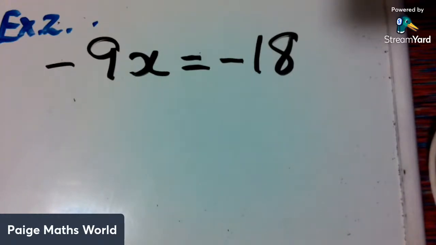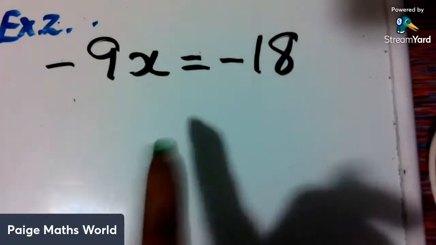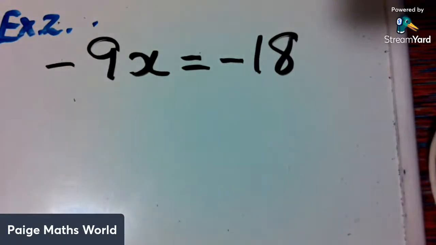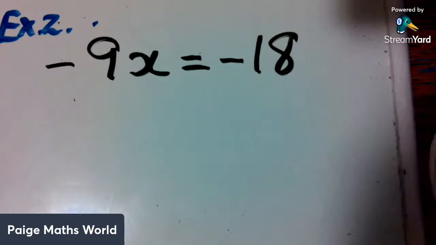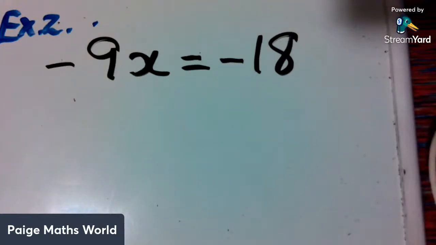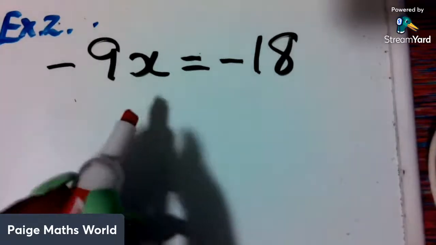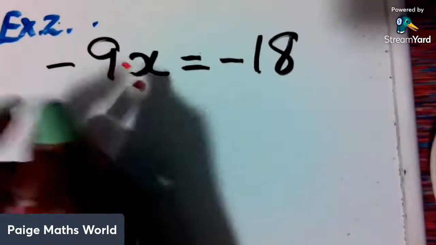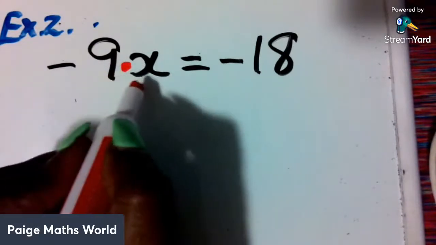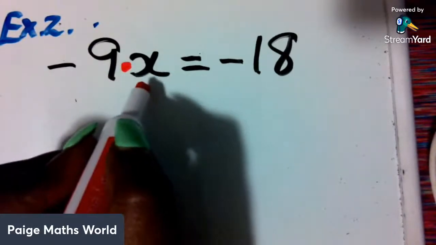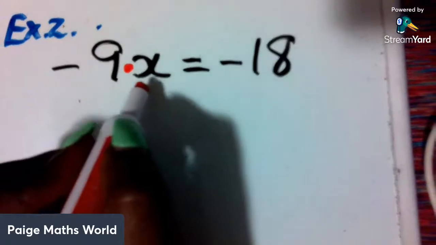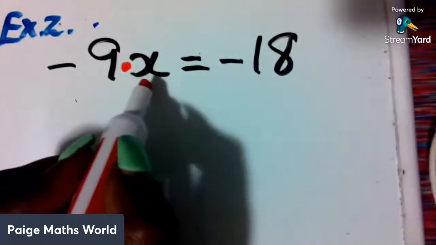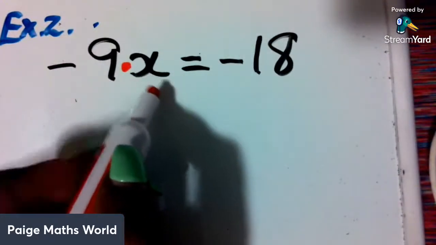All right, so it is -9 multiplied by x. Because remember, once you see a number attached to a variable, it means it's being multiplied by that variable, right? So -9 times x. I use this dot in the middle to represent my multiplication sign. And so the opposite of multiplying would be dividing.